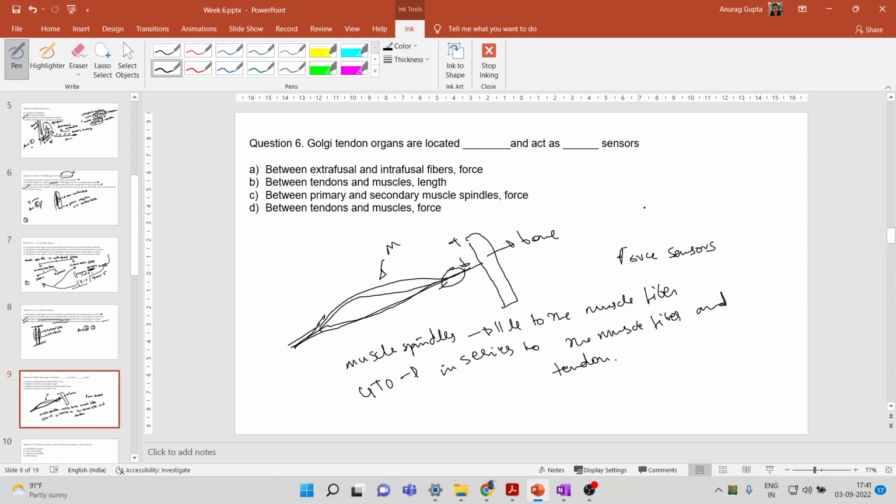If you recall the structure, this is your Golgi tendon organ. You have various collagen fibers here, and you have a proprioceptor. The sensory endings of the proprioceptor come into the Golgi tendon capsule, and these are actually Ib.